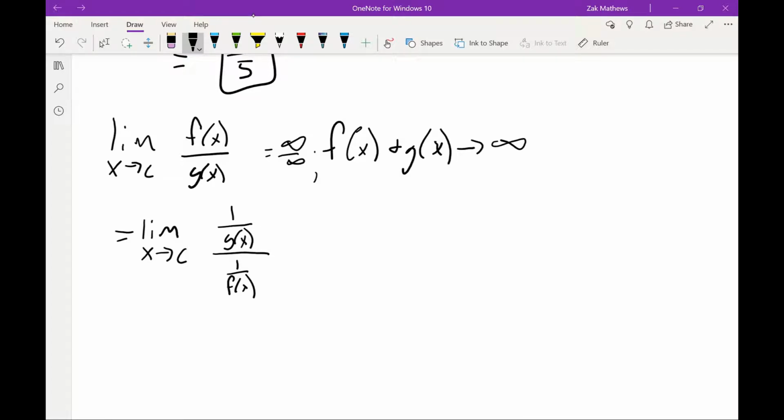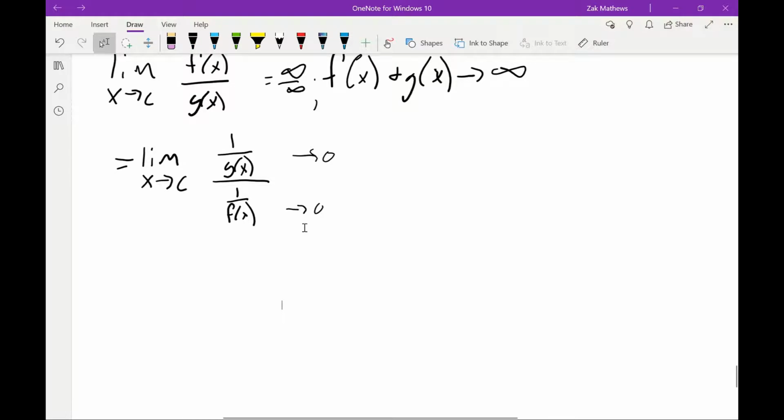But because the f and g were both going to infinity, that means this fraction as a whole is going to 0, this one is going to 0. So notice this is just of the form 0 over 0. That is something that L'Hopital deals with. We just had to kind of view it in terms of the fractions.